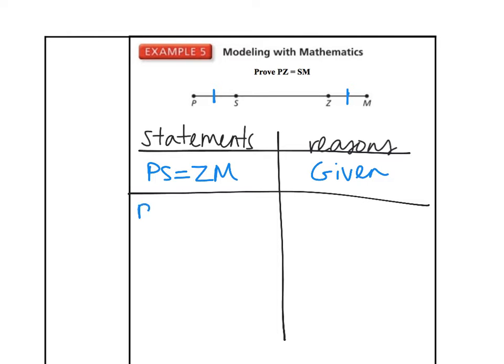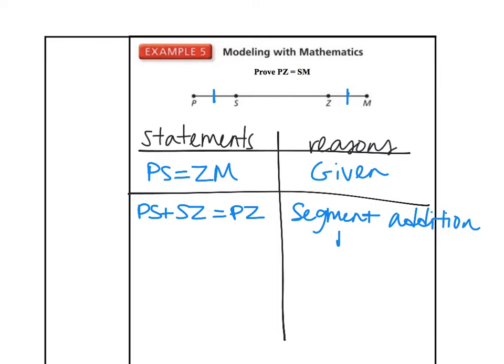So we can say PS plus SZ is equal to PZ. Bonnie, why are you saying that? What's the property or postulate that allows you to say that? Awesome. I can do part plus part equals a whole. Okay, we can make one more equation.